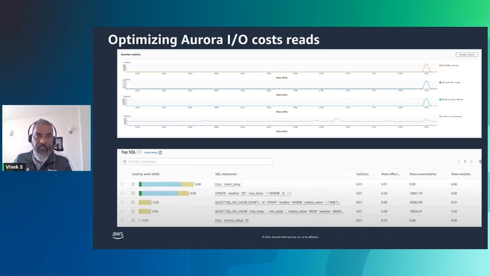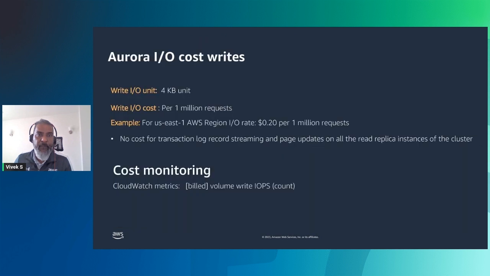In the case of Aurora Postgres, it's called pg_buffer_cache. That tells you what the contents of your buffer cache are at that moment. You can also use pg_prewarm if you want to manually warm your data in the cache. So there are certain ways. There are also some blogs already posted by AWS that tell you how to optimize your SQL queries in order to save read IOs on Aurora.